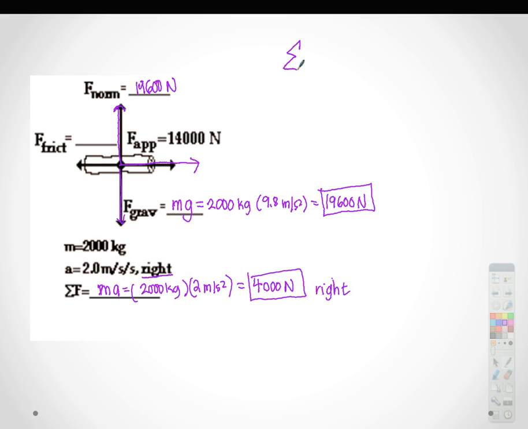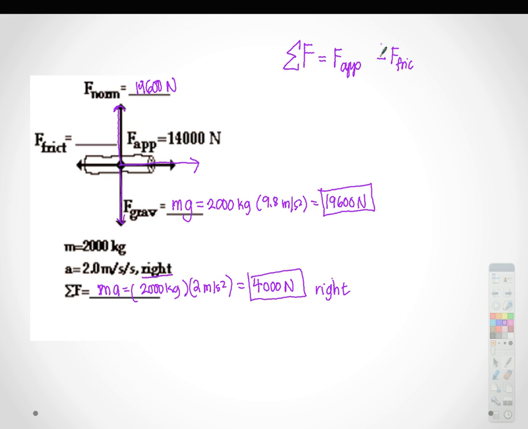We're going to assign going to the right as positive, and going to the left as negative. So our net force is positive, our applied force is positive, and our force of friction is negative.